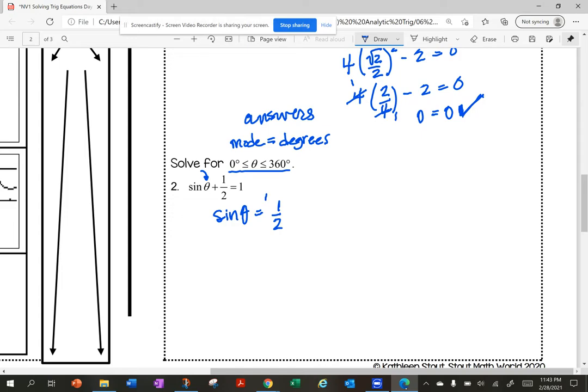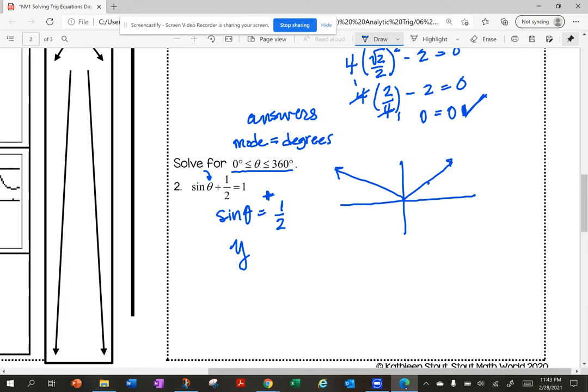So this one, I'm looking for the positive quadrants for sine because the half is positive. I know sine is y. So the y value is positive in the first quadrant and the second quadrant. So here's my reference angle.